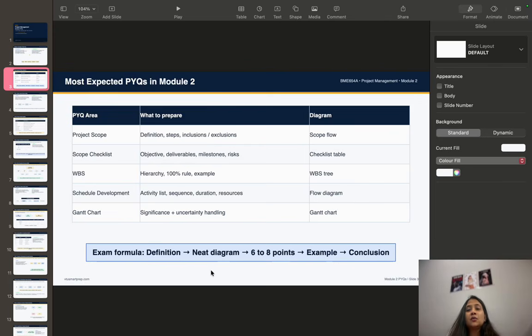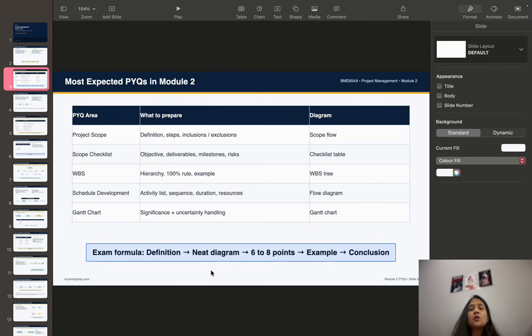Don't write any movie story or your life story in the answer sheet. Even if you don't know, pick the keywords used in the slides and write the answer in your own words. Related to the subject, only use keywords in the answers. Remember that trick. Okay, let's start with the questions.